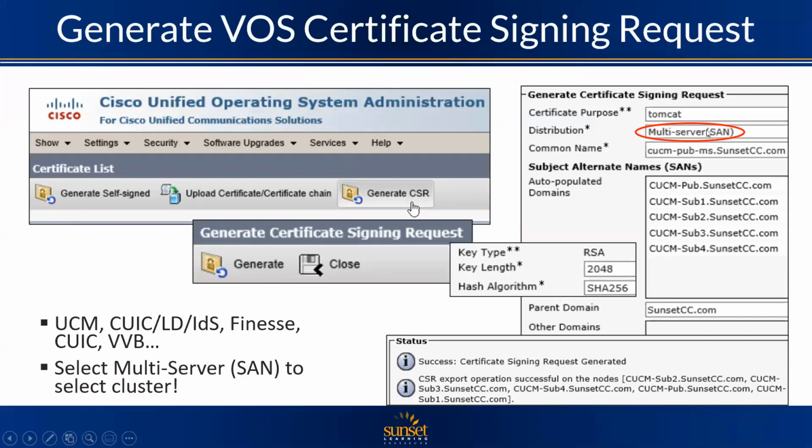That allows you to have multiple subject alternative names, SANs, populated as part of this one certificate request. So instead of having a certificate for each of my servers in my cluster, I have one certificate request that's valid for all servers in my cluster.